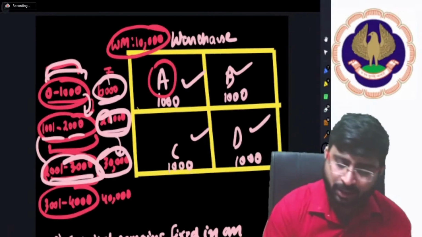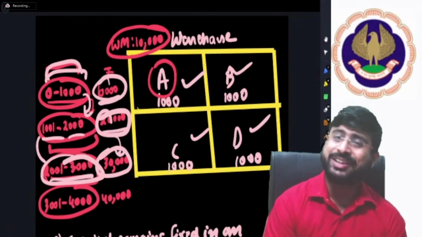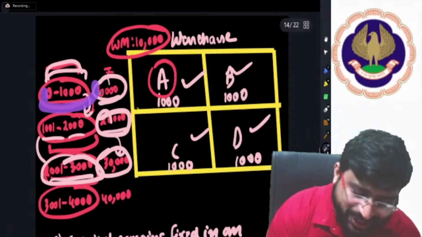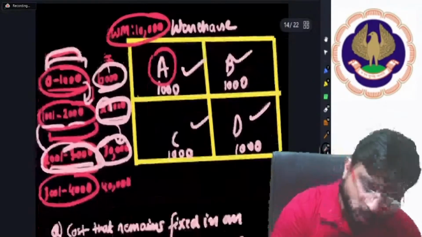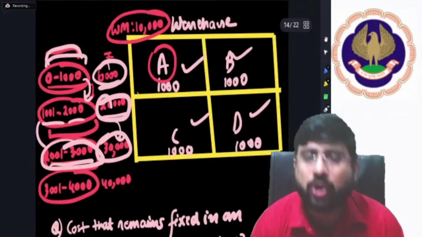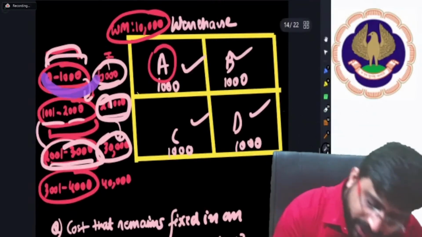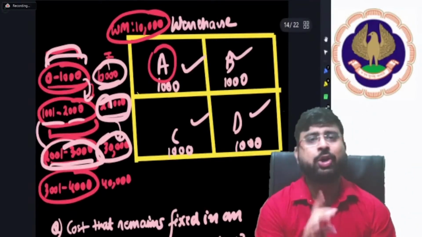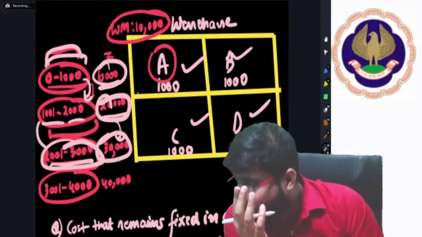Now each room can store about 1000 units. In the interesting case, between 0 and 1000, suppose you are storing 500, 600, 800 or 900 units, till 1000 units, whatever you store, you will have to keep only one bodyguard, or one watchman.